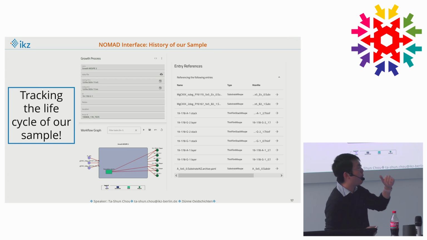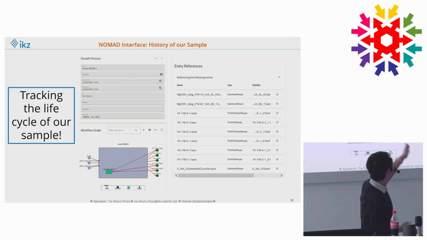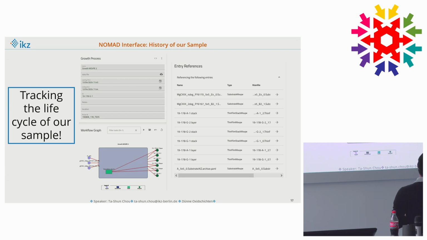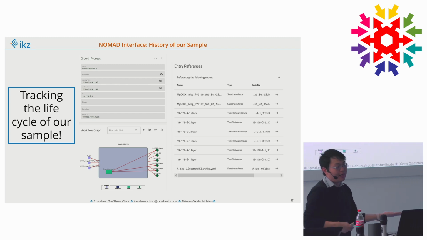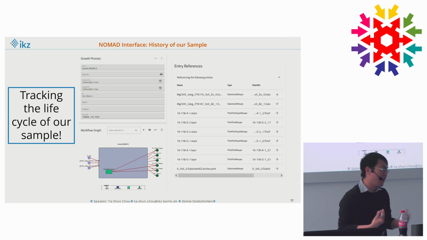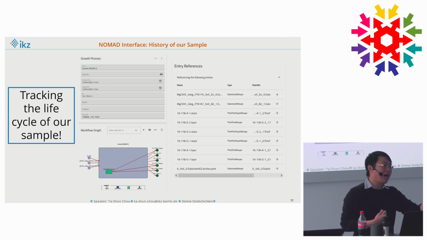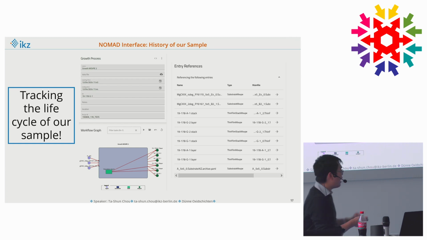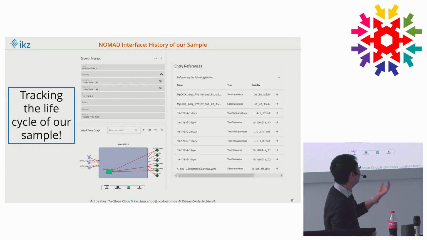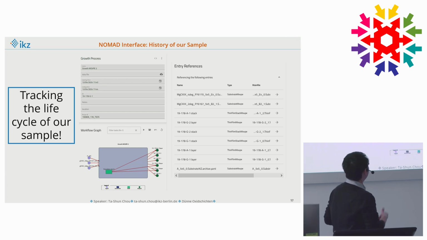All these steps will be recorded as a life cycle, and then we will put them all together, so even after 3 or 5 years, we come back, we will know, okay, I have done annealing and etching on this specific sample, and that is what we can benefit from.